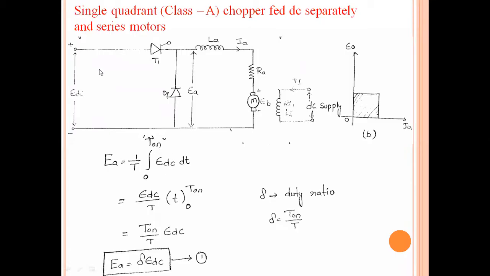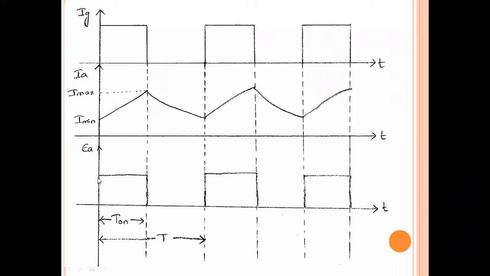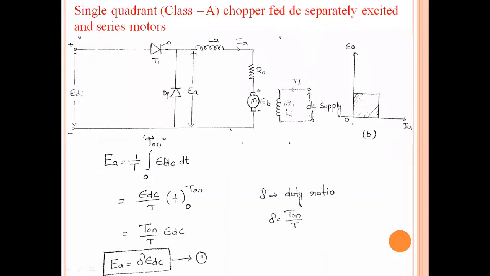And the function is EDC, because when the thyristor is turned on, then this EDC is directly connected to the motor terminals. That is the reason why previously I told you this magnitude is the input voltage magnitude, so I have taken it as EDC. You can integrate this: EDC is a constant value because this is a DC supply. If you integrate EDC dt, the integral of dt becomes t.